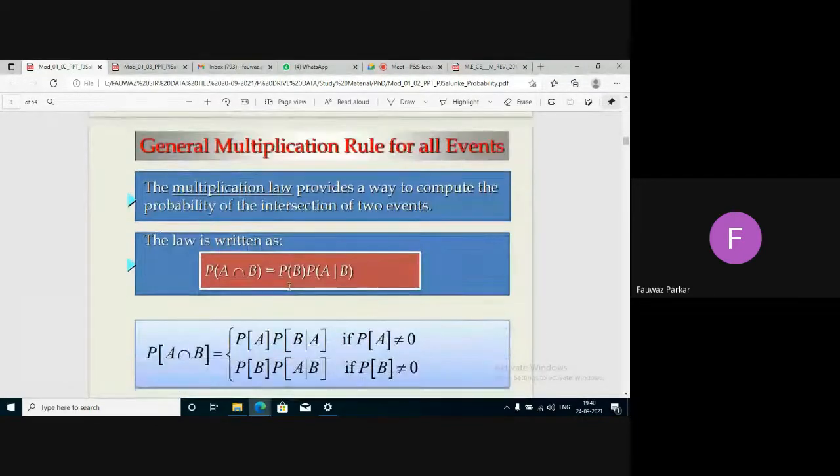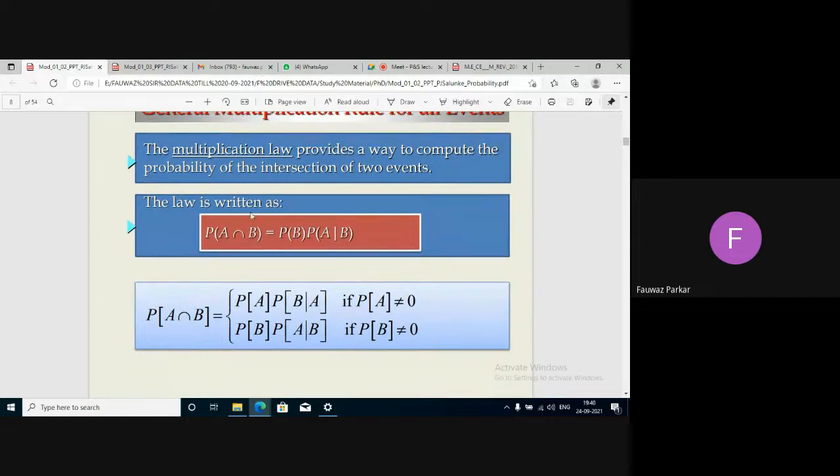Fine. So of course the multiplication law holds good even for probability. If the condition is there, that is, the probability of A given that B has already occurred, then if you want to find P of A intersection B, or any of the two is known, the third can be found out.